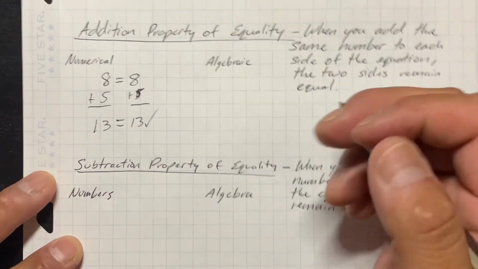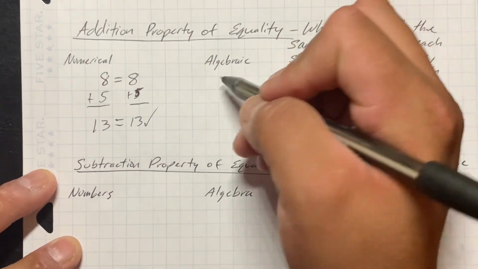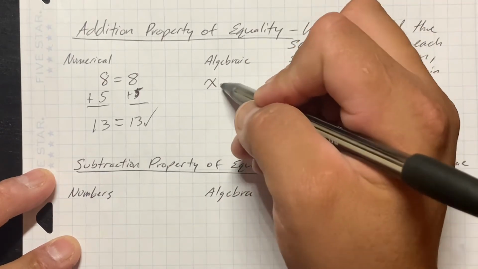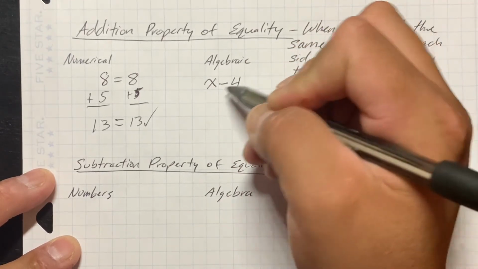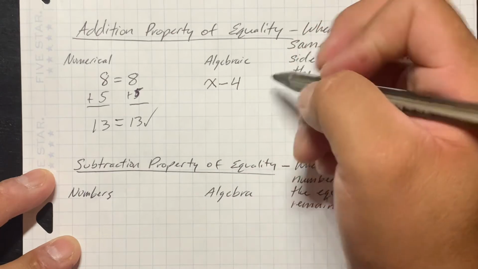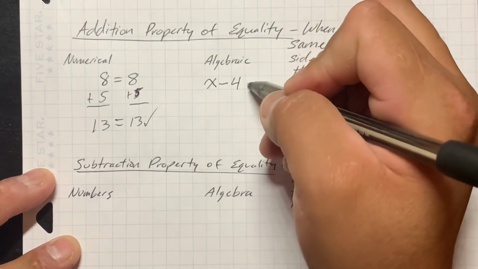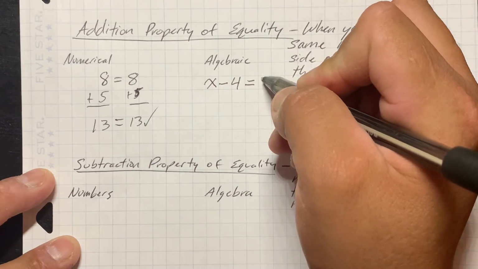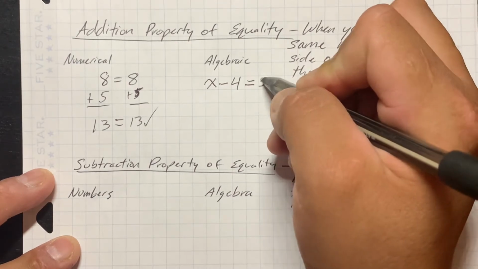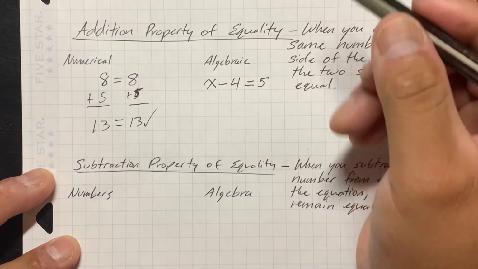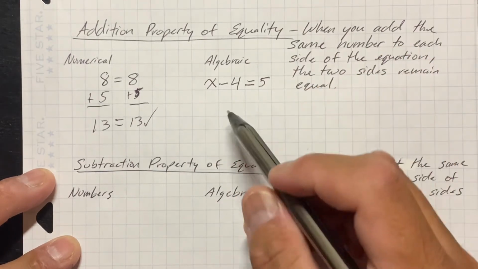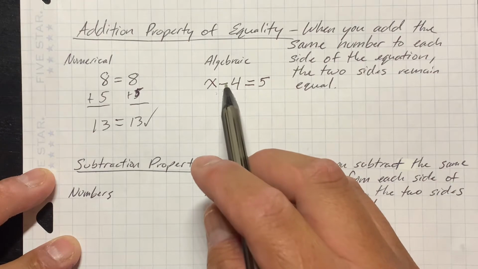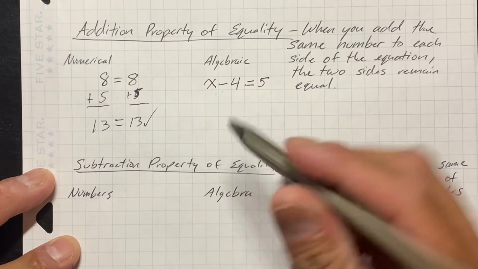Now algebraically, which means basically it's still an expression, but we have unknown values represented by variables. So if we have x minus 4 equaling 5, okay, so if we were to try to isolate the variable x, we're going to do the inverse operation of subtraction, which is addition.